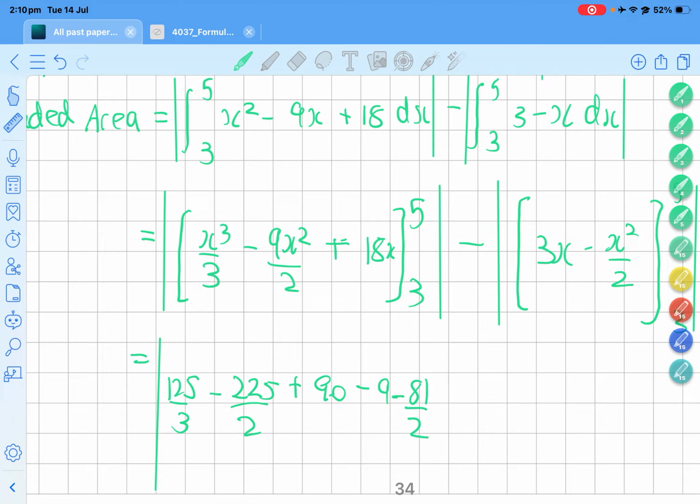It will be plus because you have to do the upper limit minus the lower limit, so the plus over here will be minus, the minus over here will be plus, and the plus over here will be a minus. So it works like that.